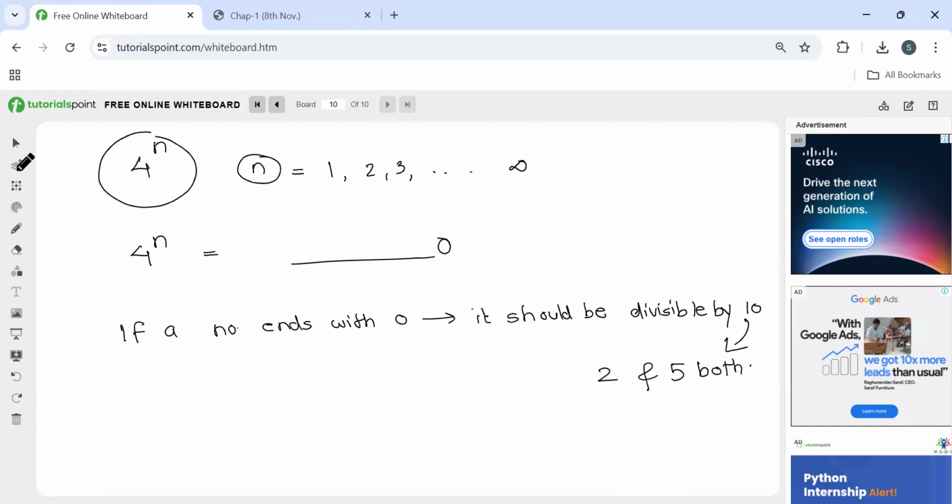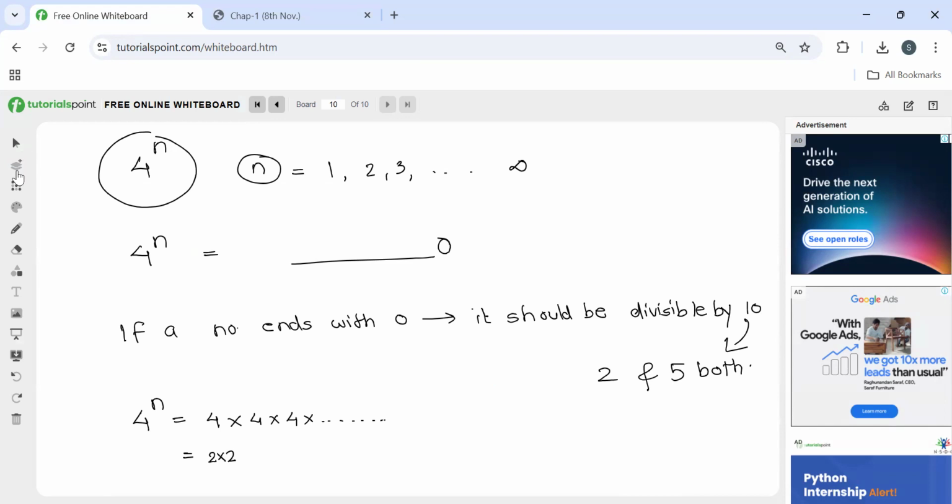So, the number 4 raised to n can be written as 4 into 4 into 4 into 4, and it goes on till n times. Anyhow, there will be only the number 4, no other number except 4. So this 4 can be written as a product of prime numbers as 2 into 2, that is 2 square.